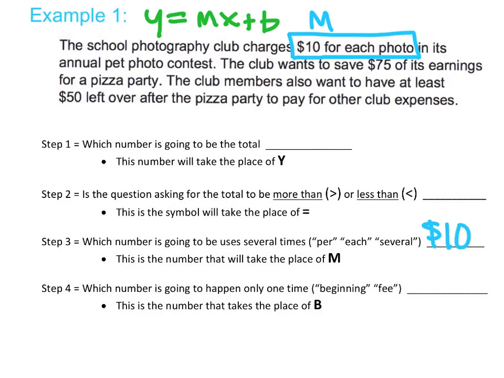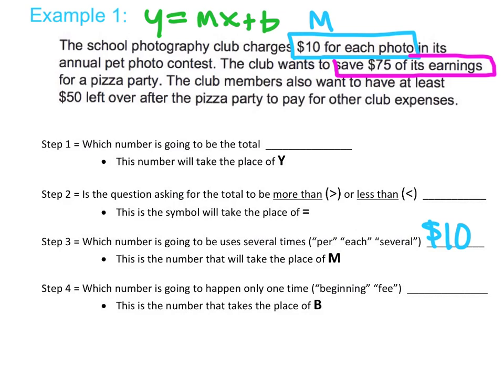The next number I see in the problem is 75. It said the club wants to save $75 of its earnings. That one's kind of tricky, but if you think about it, are they going to save $75 a lot of times, or are they only trying to save one quantity of 75? I'm going to go with one quantity of 75.